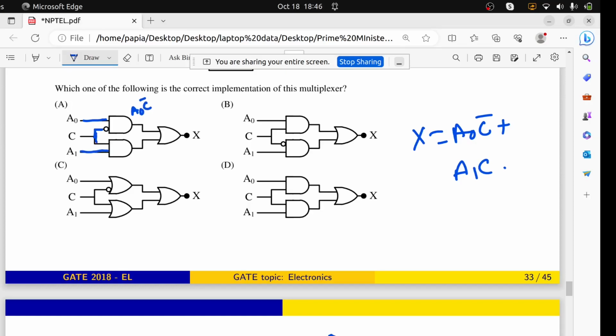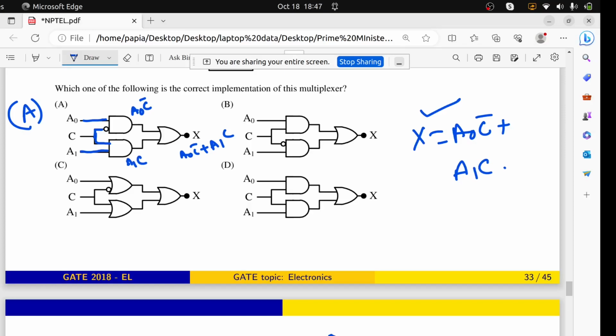A1 is coming, C is coming, this is A1 C, and this is OR, so A0 C bar plus A1 C. Now you can see that this is exactly matching with whatever we want, right? As a whole there will be one OR, then X will be A0 C bar plus A1 C. So the correct option is A.